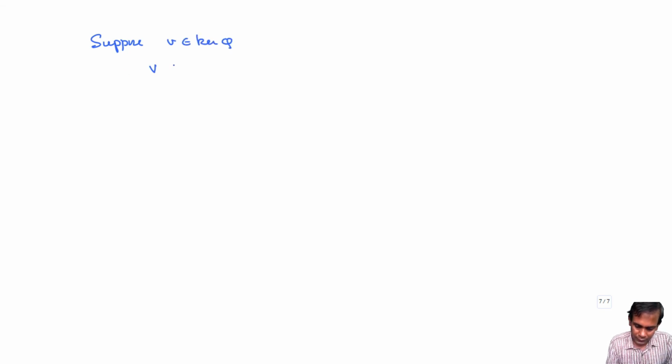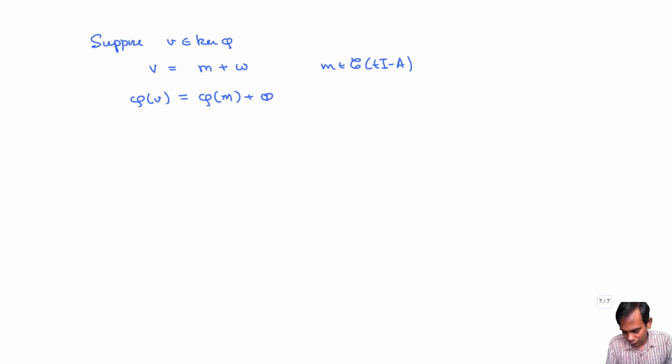So now we have v is equal to m plus w, where m belongs to the column space of tI minus A. So then phi of v is phi of m plus phi of w, but m is in the column space of tI minus A, and we know that that's in the kernel of phi. So this is 0. So phi of v is phi of w, where w is now just a vector in F[t]^n whose coordinates are all constant. They're just elements of F.